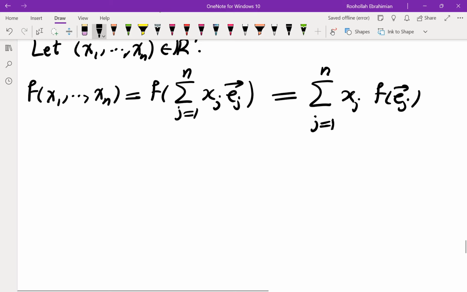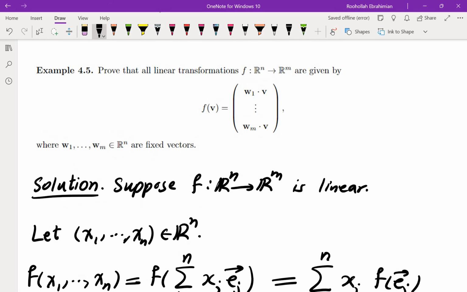Now, this is essentially a bunch of dot products. So if you call f of ej some vectors, and I want to match these, these are going to be our w's.